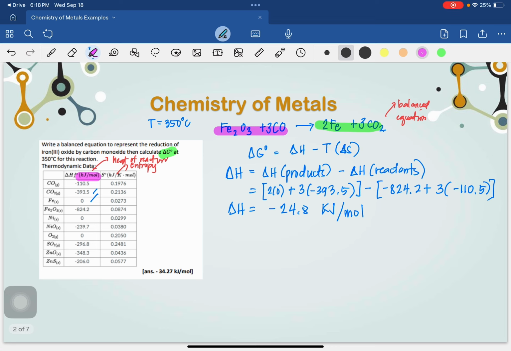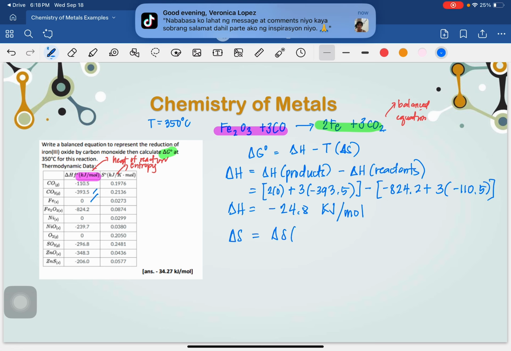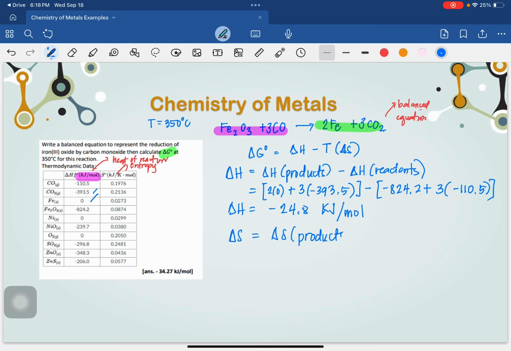Let's compute our delta S now. We do the same thing but now using entropy values. So that's also the delta S of the products minus the delta S of the reactants. Then we just get the values from the table again.